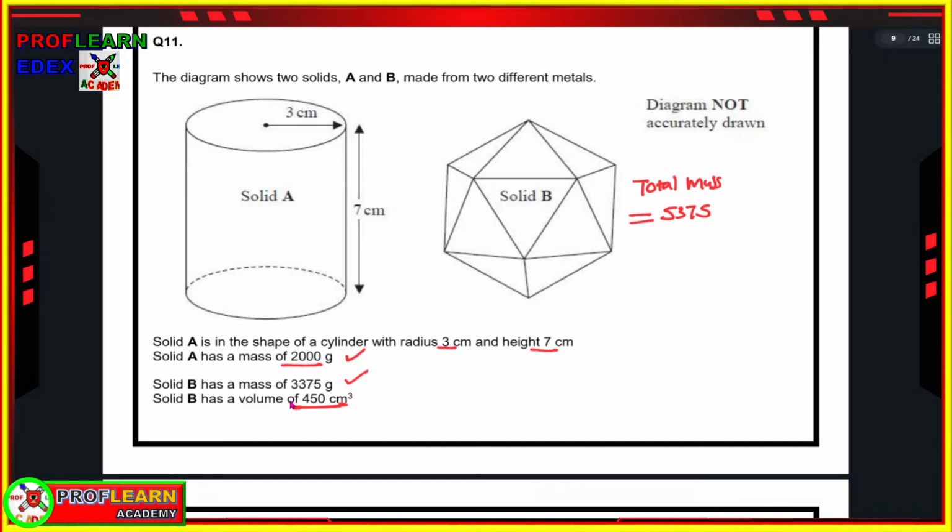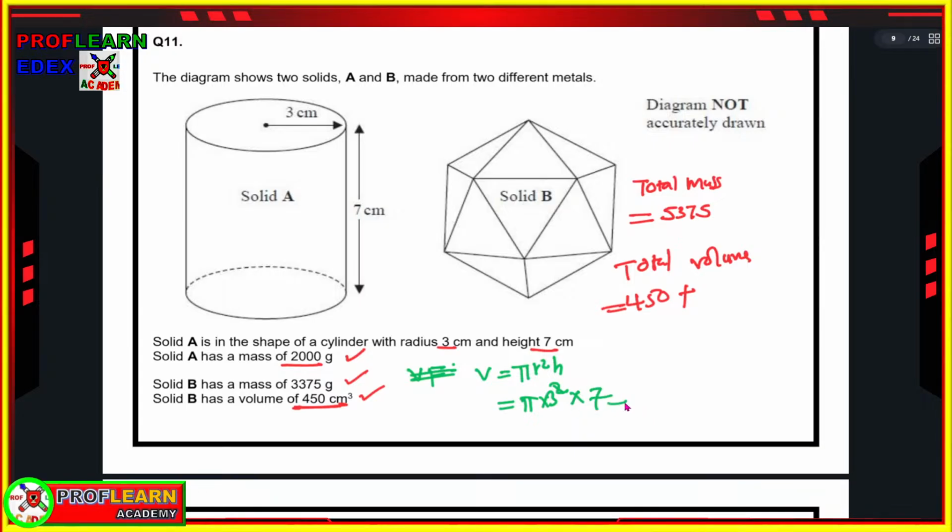And what about the volume? What are we told about the volume? Volume of B is that. So we also need to work out the total volume. That will be 450 plus the volume of the cylinder. Volume of the cylinder is pi r squared h, which is pi times 3 squared times 7.